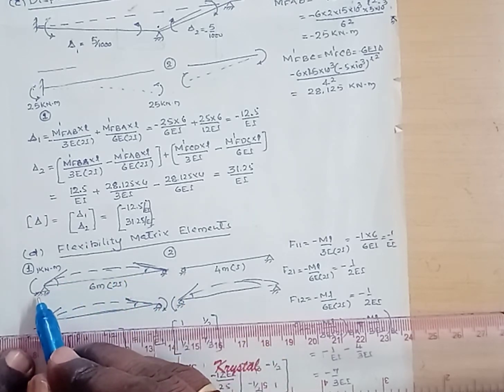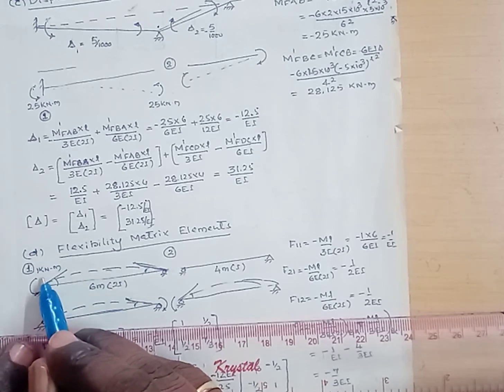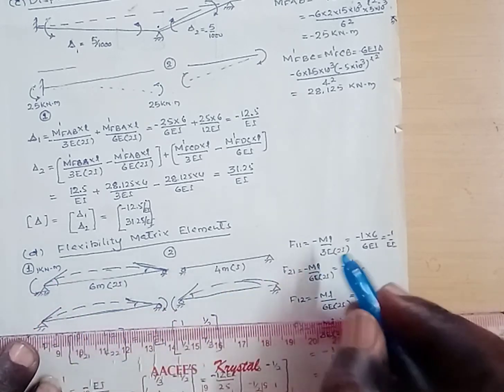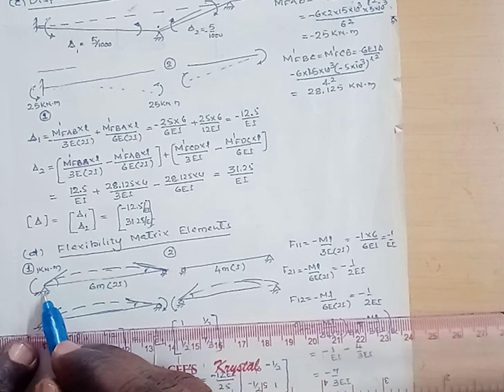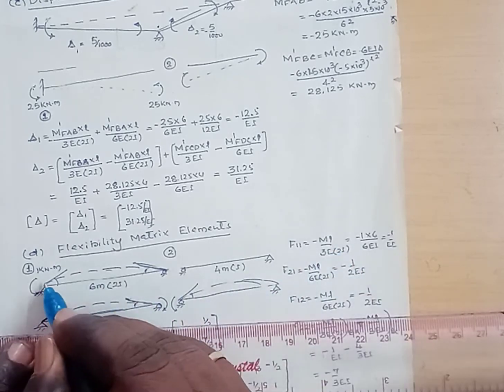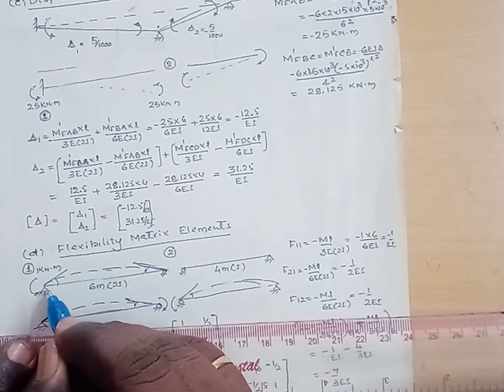Here the displacement due to this unit moment applied at 1 is given by the flexibility element F11, that is displacement at 1 due to the load applied at 1. It will undergo deformation due to this hogging moment.